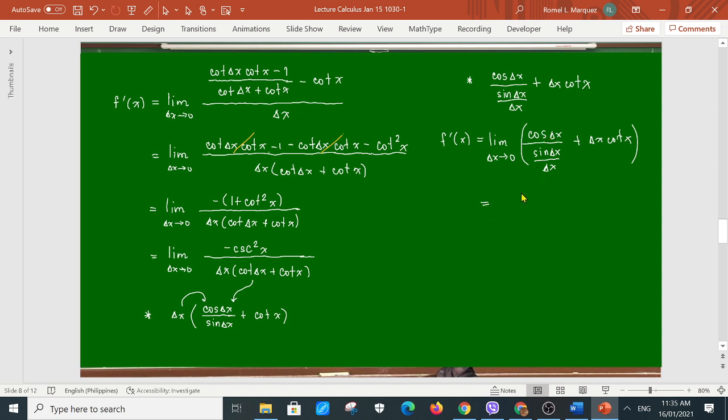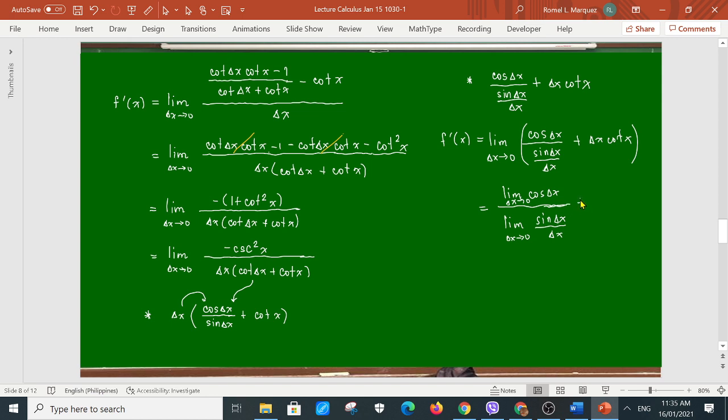So the limit of cosine delta x, constant, I can take it out. Cosine delta x over what? I can take the limit of the numerator, limit of cosine delta x as delta x approaches 0, over the limit as delta x approaches 0 of sine delta x over delta x.